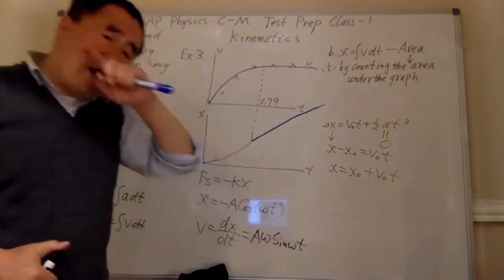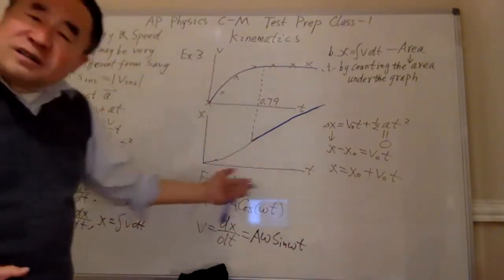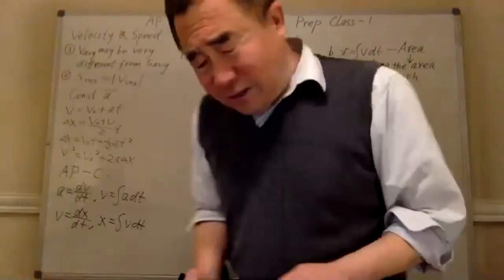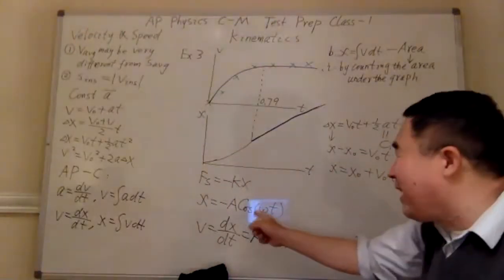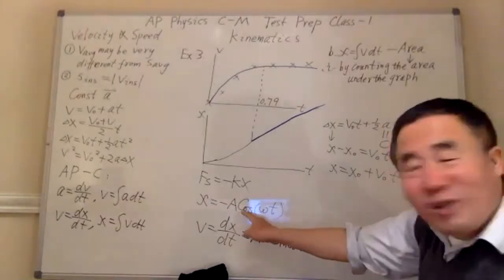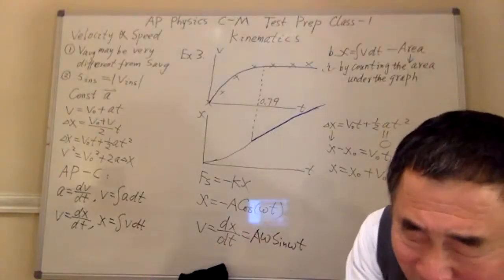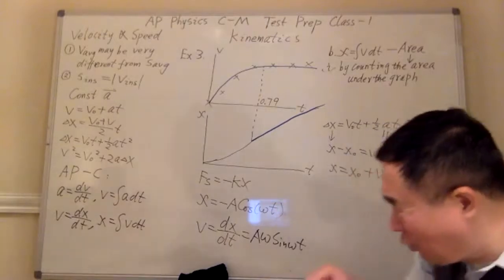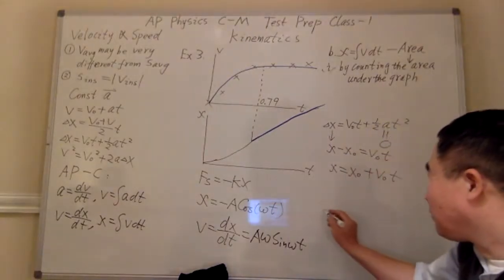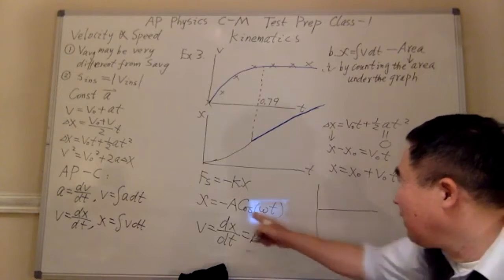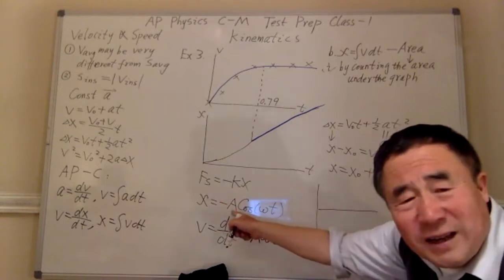Why is knowing this function important? Then we know why it is a curve. We know the function. We know the cosine function. What does the cosine function look like? Like this one. At t equal to 0 it is minus a.